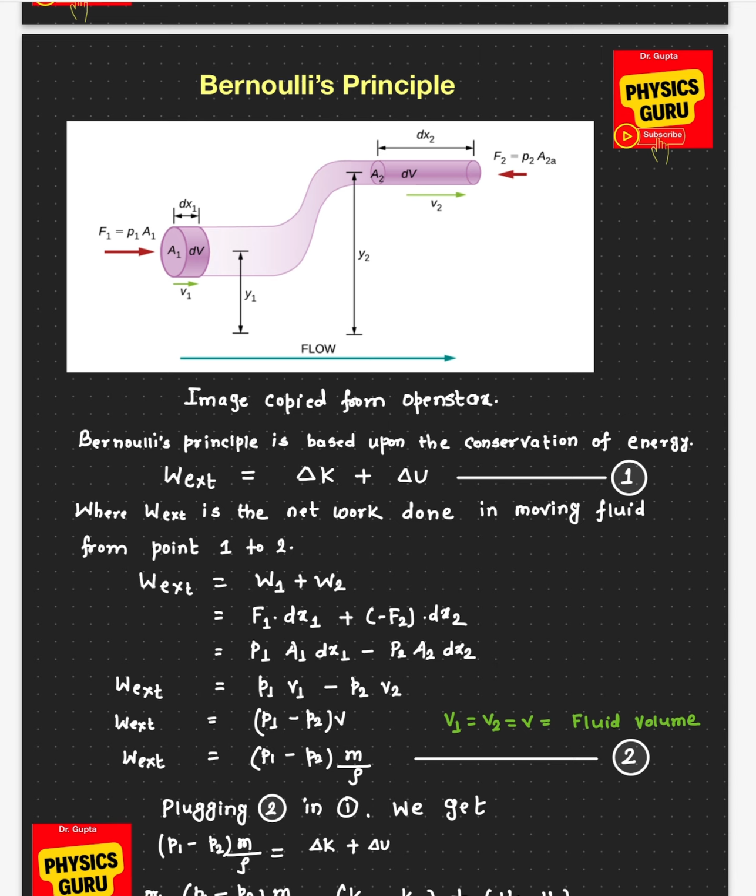So what does the Bernoulli equation tell you? The total amount of work done in moving a fluid from point 1 to point 2 must be equal to the total change in mechanical energy, which is the sum of kinetic energy plus potential energy.